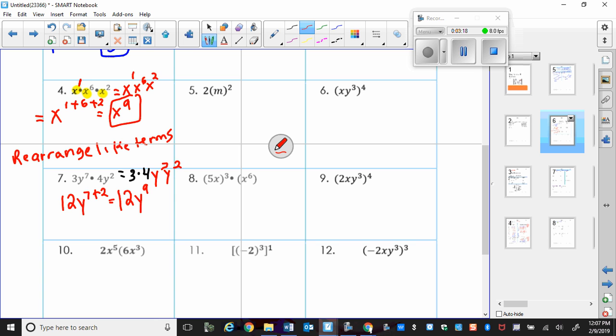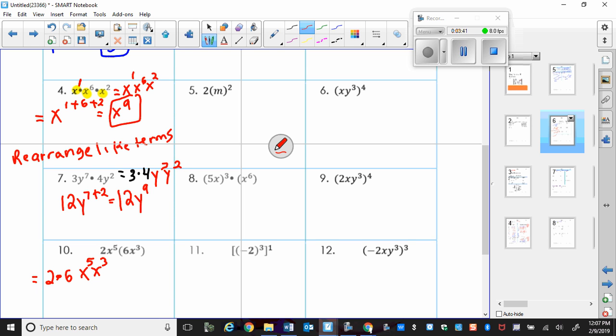Let's look at the next one. We're in the same type of situation. We rearrange like terms. Numbers go together, coefficients go together, and variables that are the same base go together. So here I have 2 times 6, and then x to the 5th, x cubed.